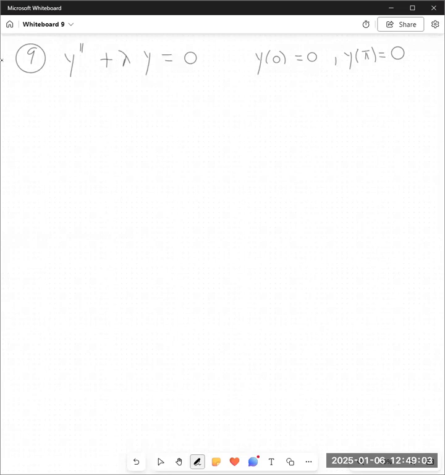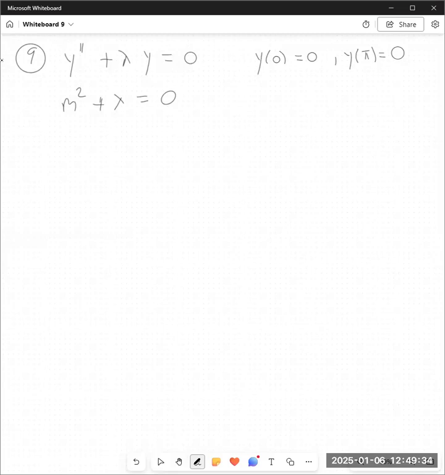Okay, so we're going to look at this as m squared plus lambda is equal to 0. We're assuming that lambda is a positive number here. And again, you can look at the book to see the 3 cases, but if lambda was 0 or lambda was a negative number, then the only solution would be the trivial solution.